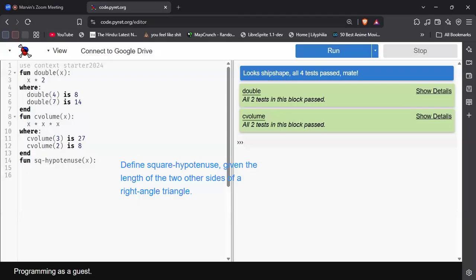Can you write the test first, or like WHERE colon, and then the test. So yeah, square hypotenuse. That's called square hypotenuse.